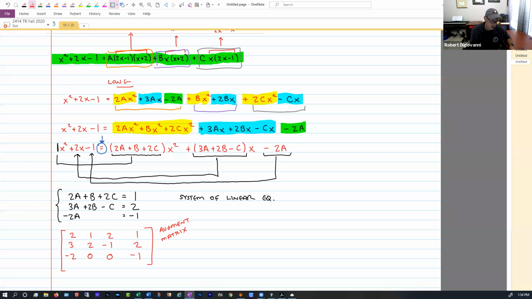All right, so what we're gonna do, we're gonna somehow put that information into the calculator. The calculator is gonna go through and do something. It's gonna do elimination for us. And then it's going to spit out an answer that looks like this: 1, 0, 0, and then it's going to give us a number. And it's going to give us 0, 1, 0, and then a number. And it's going to give us 0, 0, 1, and then a number.